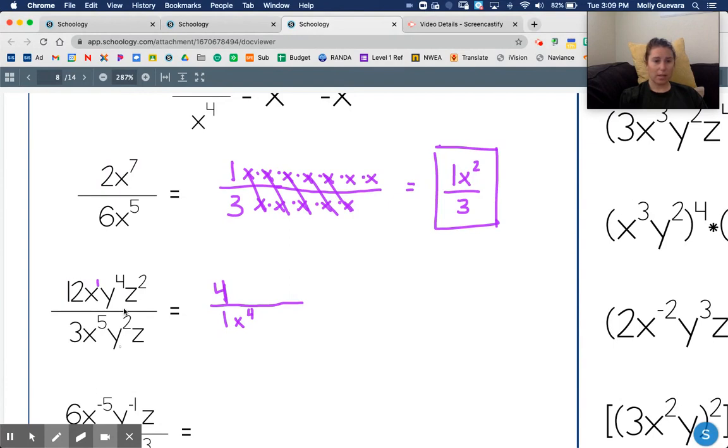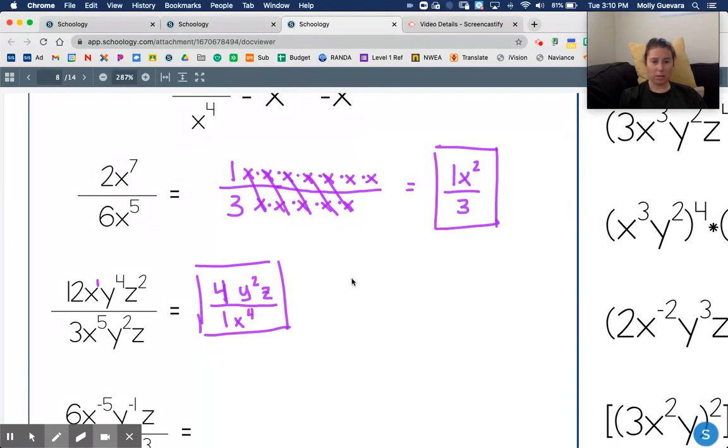Then my y's, I have 4 on top, 2 on bottom. So 2 can cancel, and I'm left with 2 on the top. And then the last one, I have 2 z's on top, 1 z on bottom. 1 can cancel, and I'm left with 1 on the top. And there it is. Okay, so that tends to be how I do it in my head.